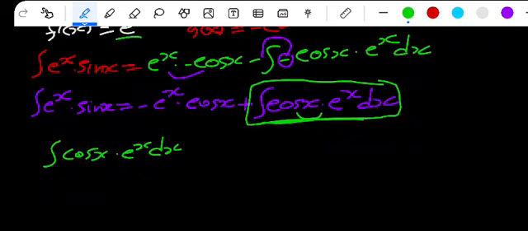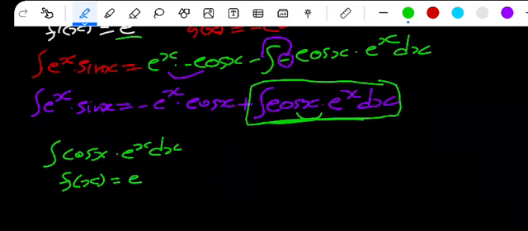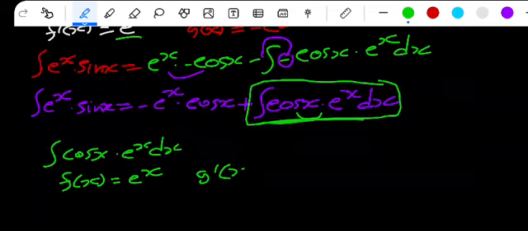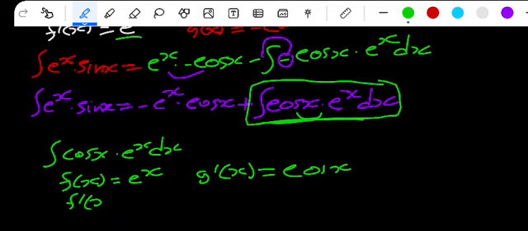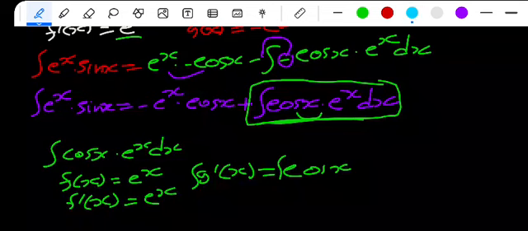We have to use integration by parts again. I will let f of x be equal to e raised to the power of x. Then I will let g prime of x be equal to cos x. Then f prime will still be the same, that won't change. Then we take the integral on both sides. As we are taking the integral, this will be g of x.